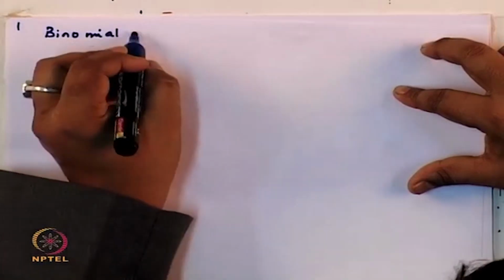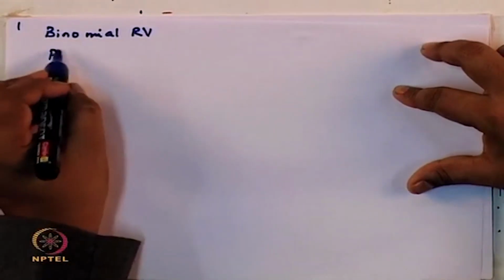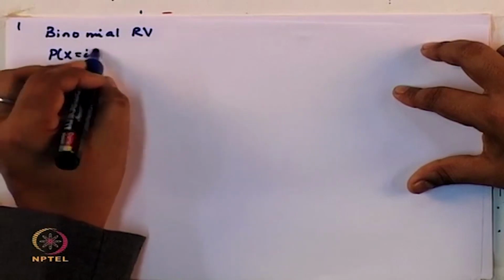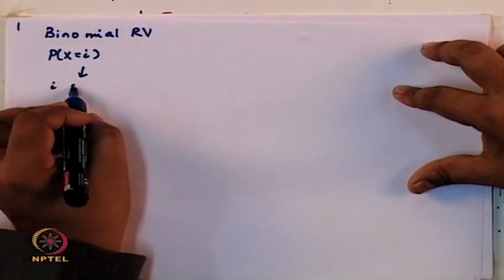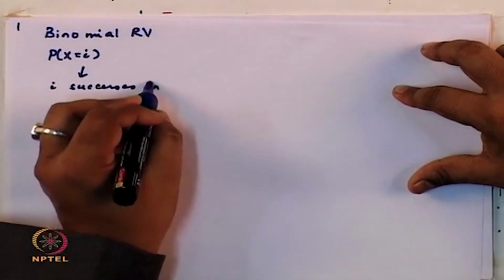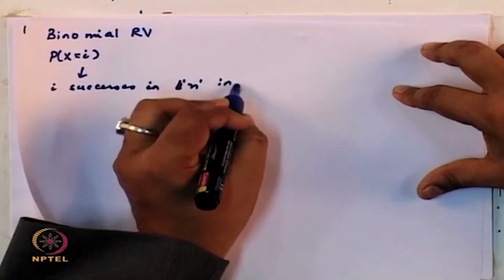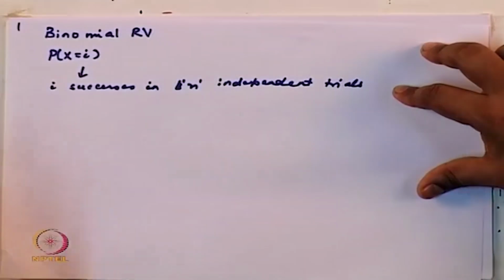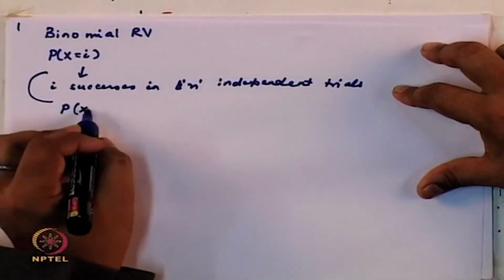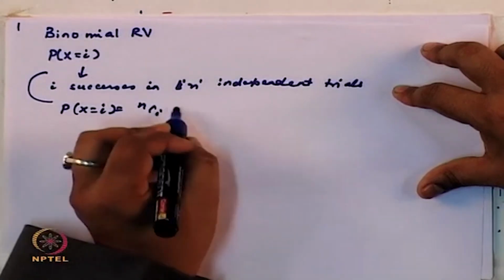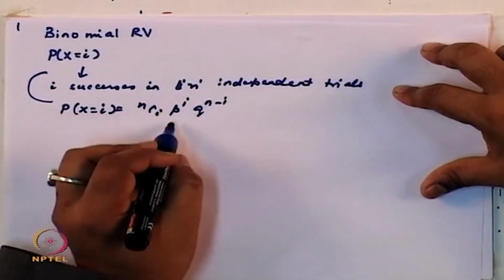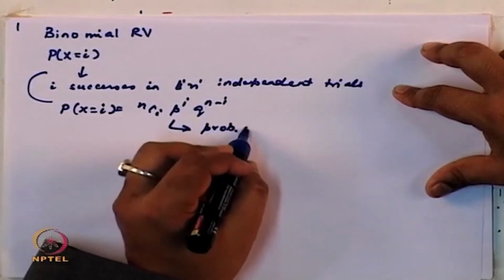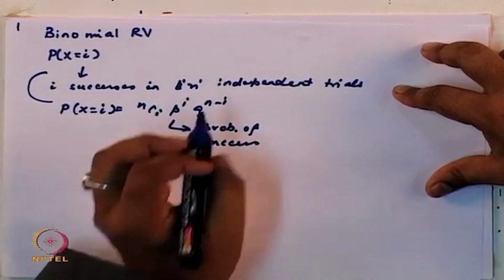In the case of a binomial random variable, the probability of x equal to i, that is i successes in n independent trials, is defined as P(x = i) = nCi p^i q^(n-i), where p is the probability of success and q is the probability of failure.